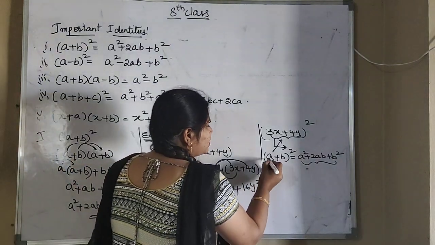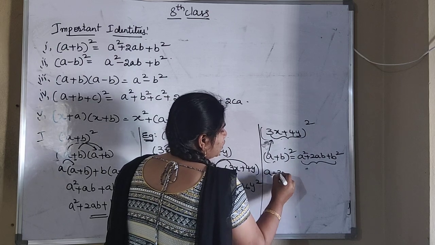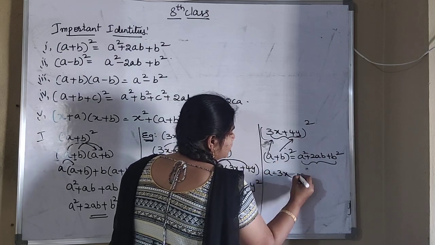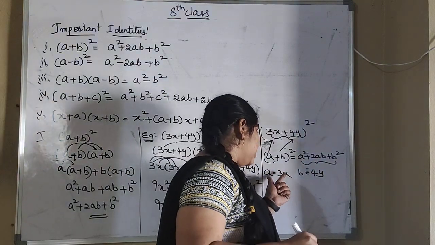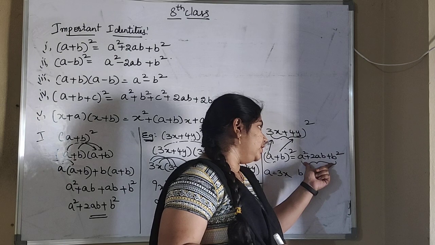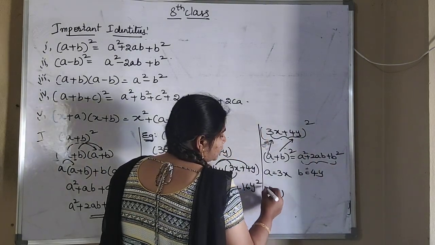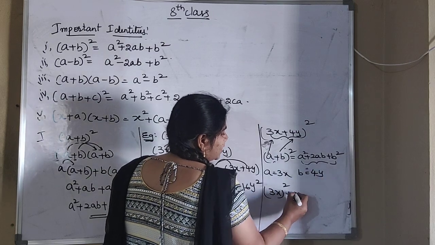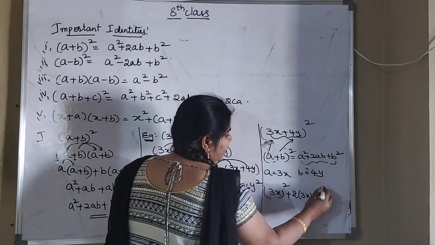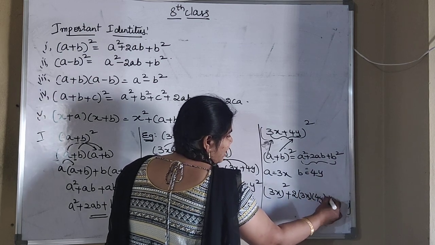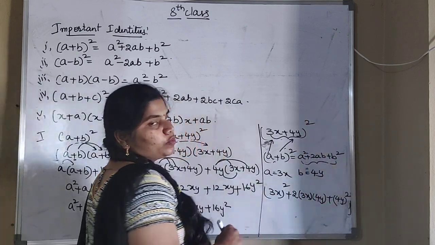Okay, so now what is a here? a is nothing but 3x. a is equal to 3x. b is equal to 4y. Now just substitute this a value and b value in this expression. a square is nothing but (3x) whole square, plus 2 is a constant value, a means 3x, b means 4y, plus b means 4y, for that you are having square, so I kept the square.